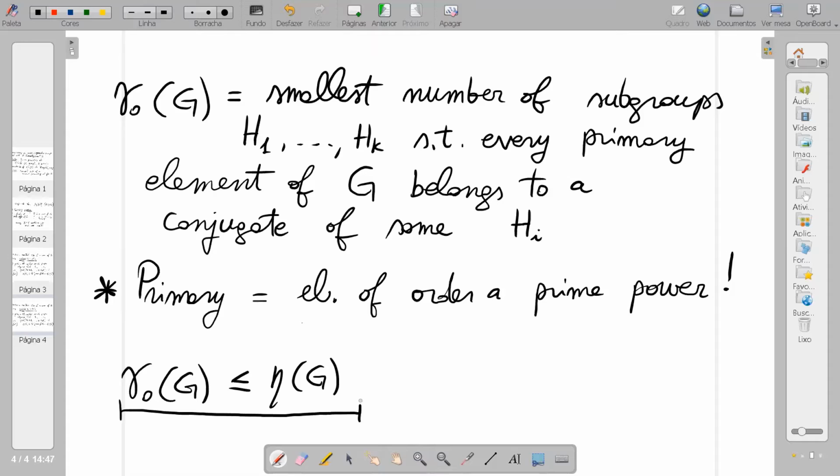And this is because if you have subgroups of coprime indices, then any primary element must belong to a conjugate of one of them, because otherwise the prime defining this primary element would divide all of the indices.